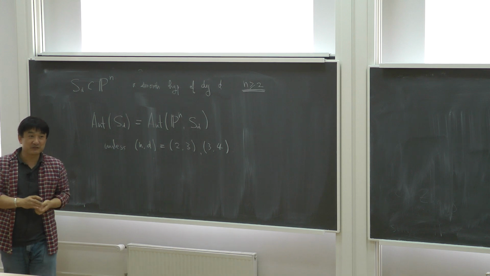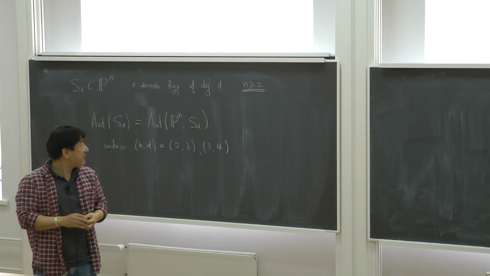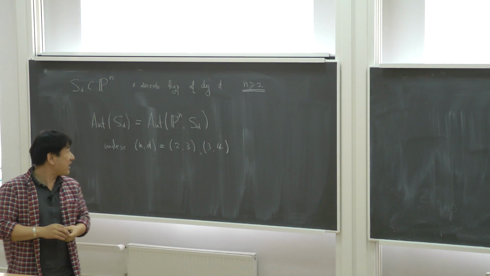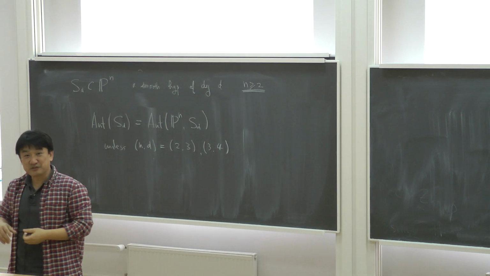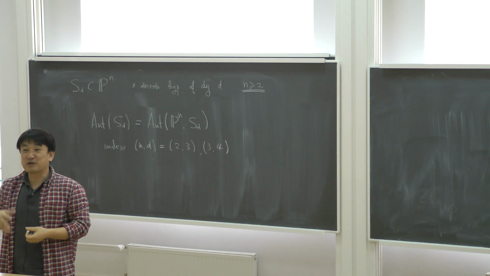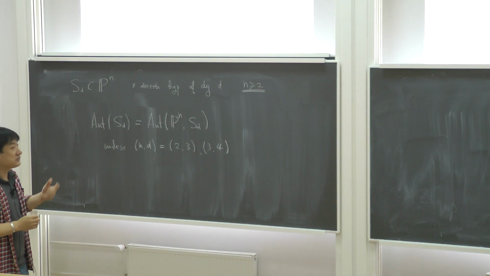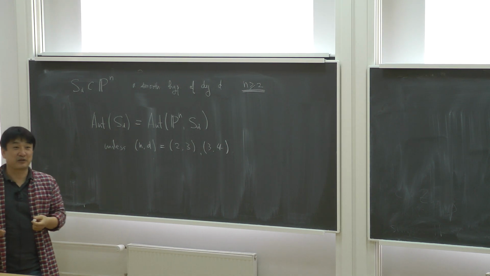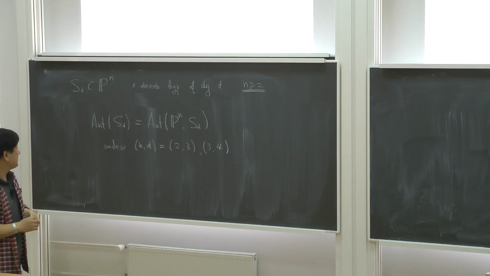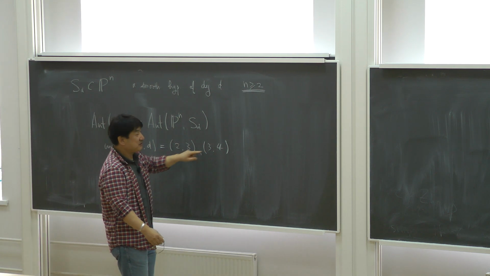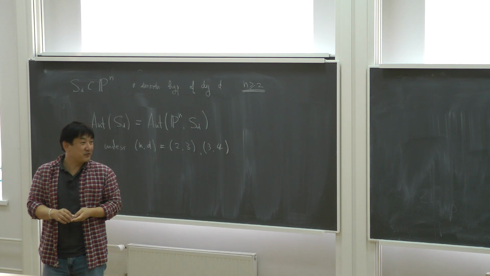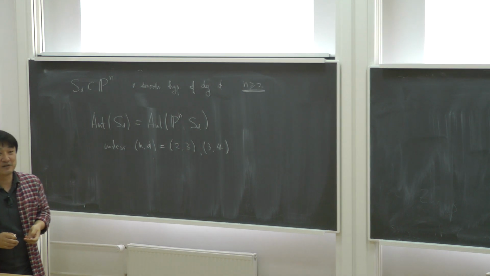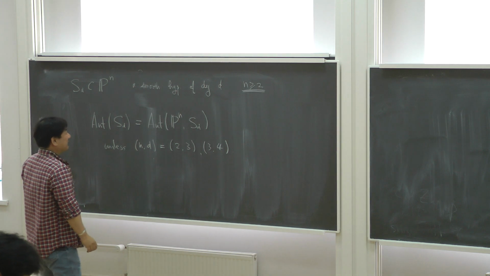To prove this, if n is at least 4, then this hypersurface has Picard number 1, so you can use the hyperplane section to show this. If n is 2 or 3, then you can use the canonical or anti-canonical divisor. But in the exceptional case, you have a trivial canonical divisor. That's why you have an exception here.